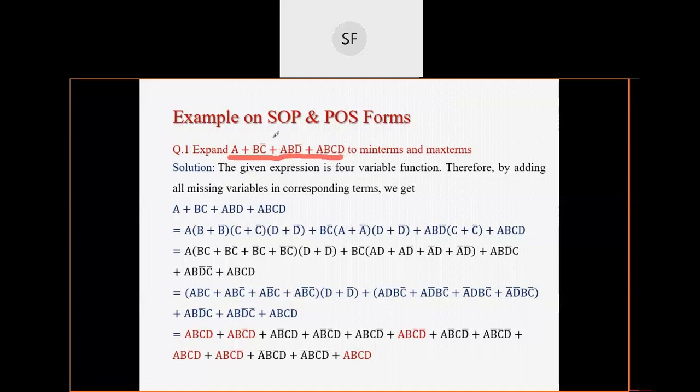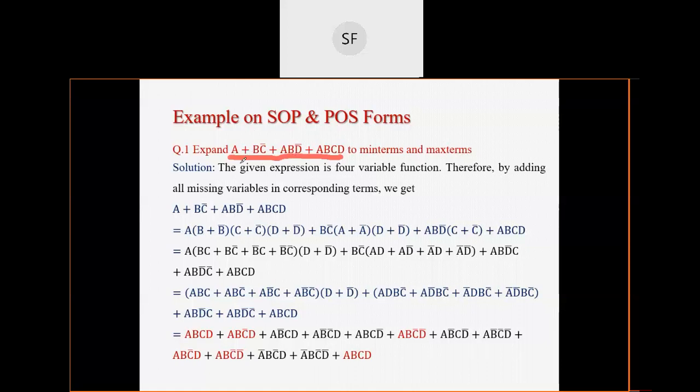If it is given in SOP form, that is sum of product, then you have to find the min terms first and then you can find the max terms. Min terms and max terms are complemented to each other. So which term do you have to find first, min term or max term? How will you decide? If the equation is in SOP form, then you have to find min terms first, and if it is in POS form, then you have to find max terms first.